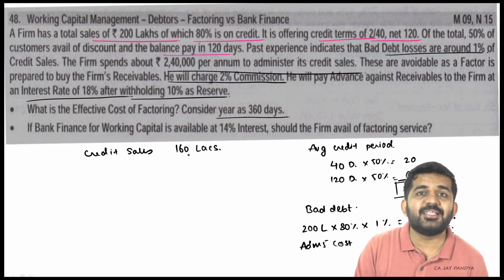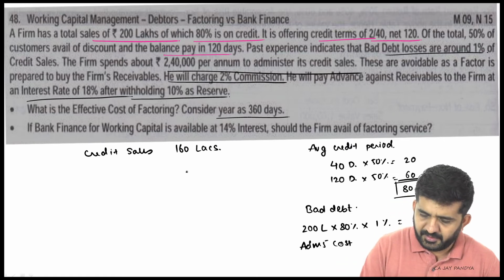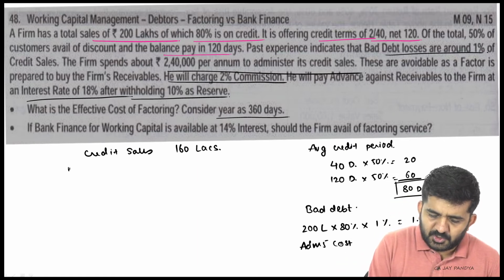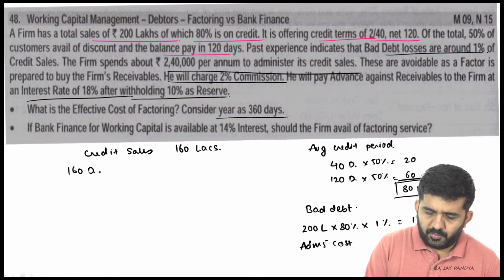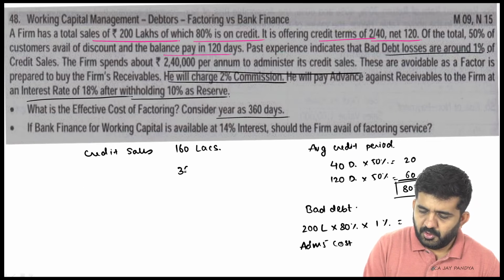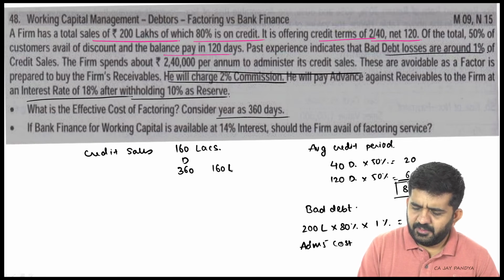If the total sales per annum is 160 lakhs, see how I do it. Total sales for 360 days is 160 lakhs. What will be the sales of 80 days?